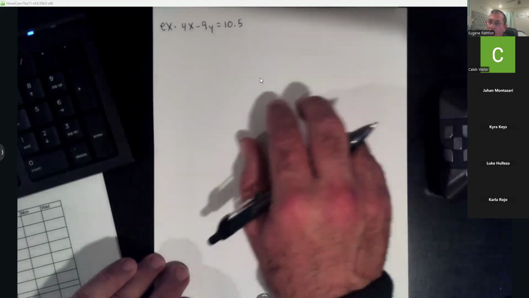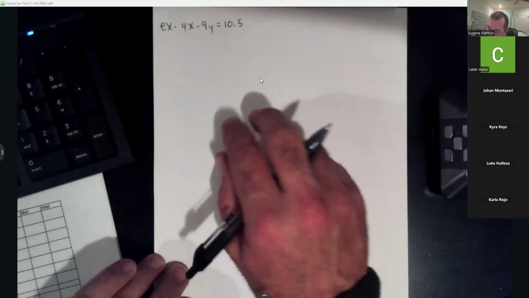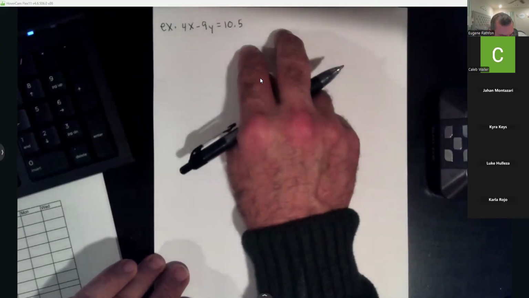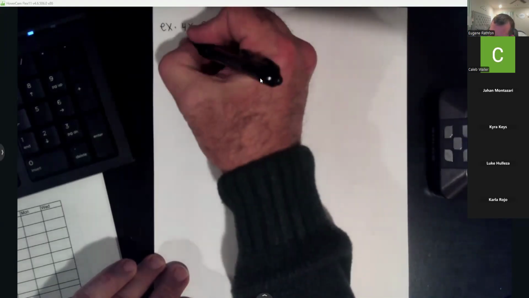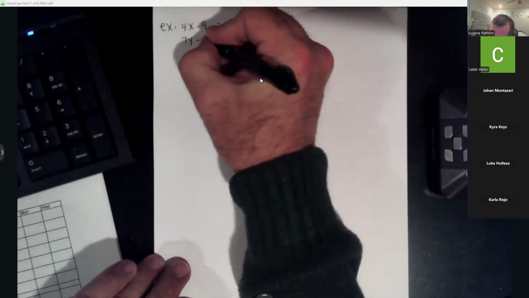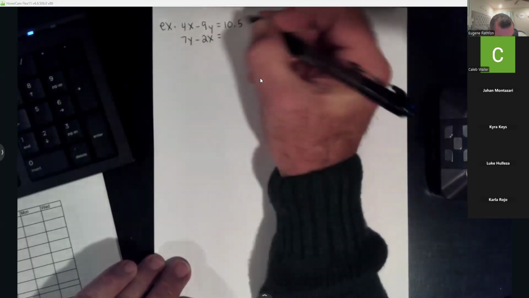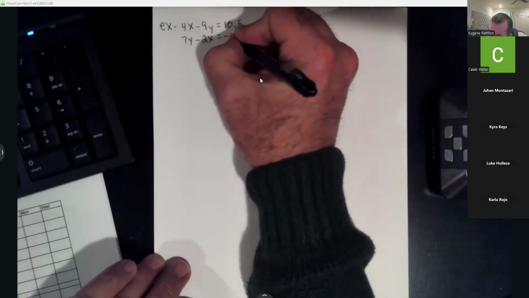All the other answers will be positive and negative numbers. Okay? So this is the only one where you're going to deal with decimals. All right, then I got 7y minus 2x equals a -6.5.